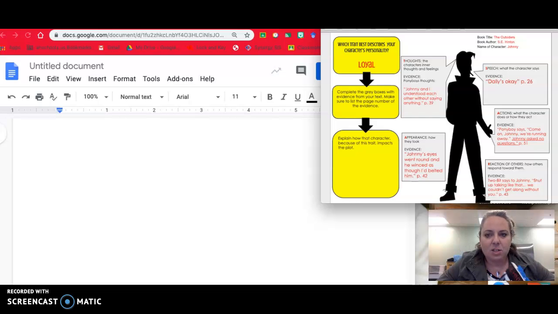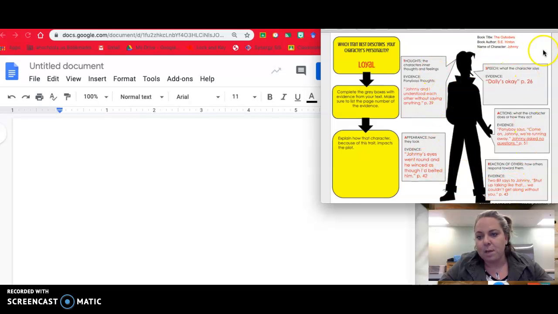So I'm going to try to do a CLEMM paragraph with character traits, and I'm going to use Johnny from The Outsiders. I need one of these star charts that have already been filled out with page numbers referenced.